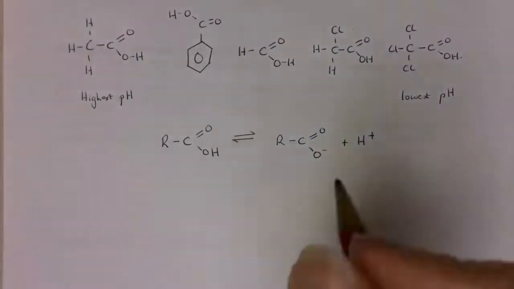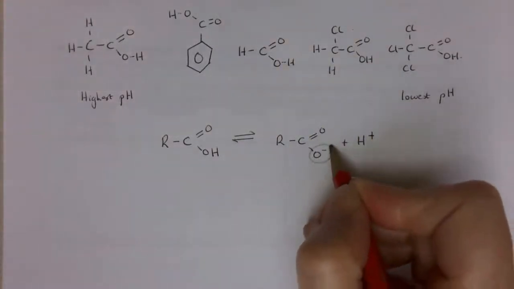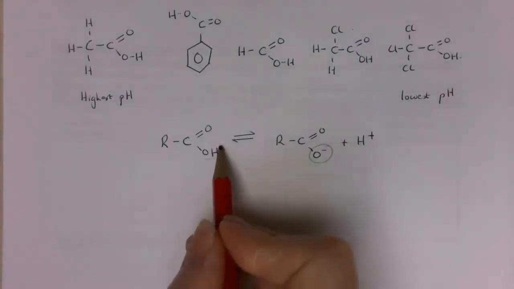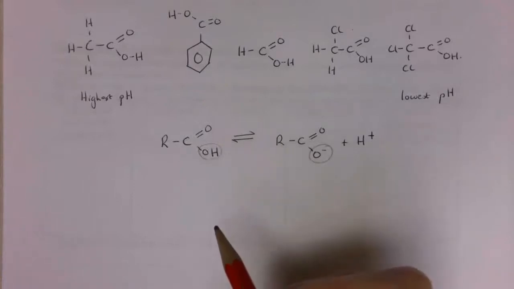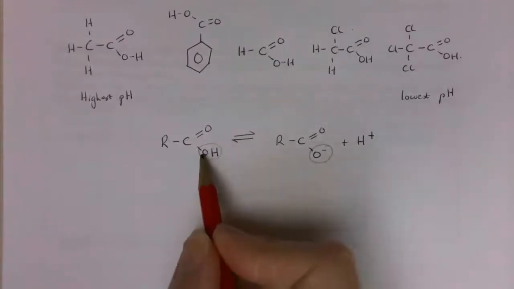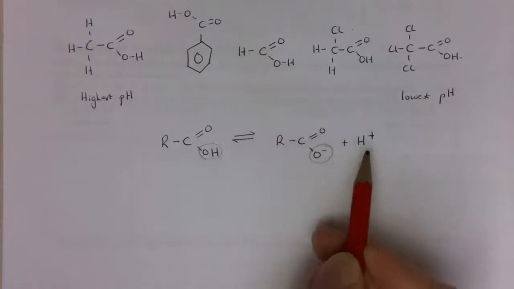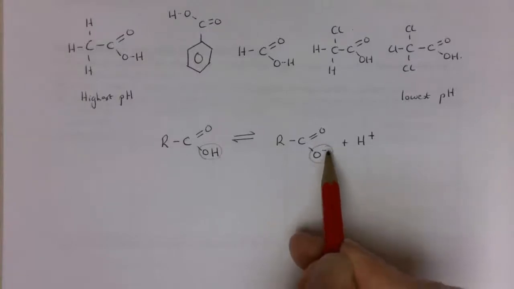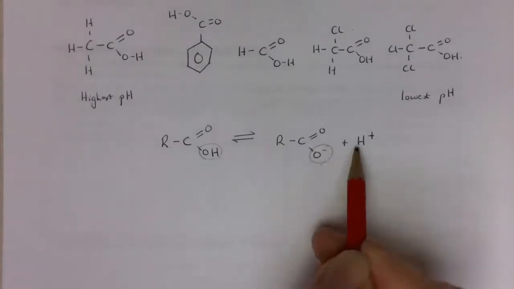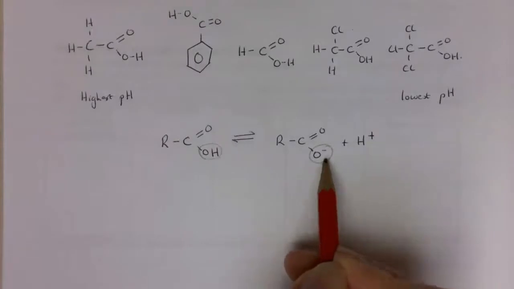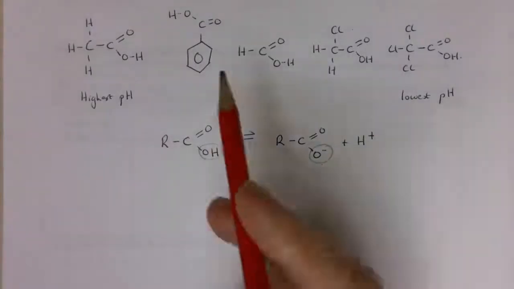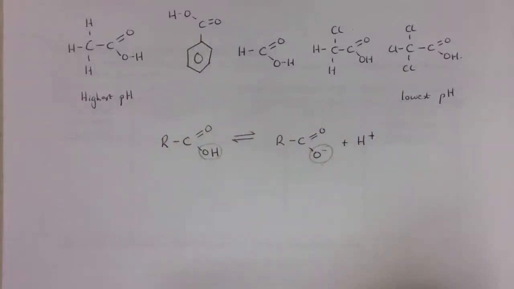In this case, we want this negative charge to be as low as possible, and we want the bond between the O and the H to be as weak as possible. The weaker we can make this bond, the easier it will be for the hydrogen ion to come loose. The less negative this becomes, the better, because then the hydrogen ion won't rejoin and this reaction won't go backwards. Those are the two things we need to consider in each of these cases.